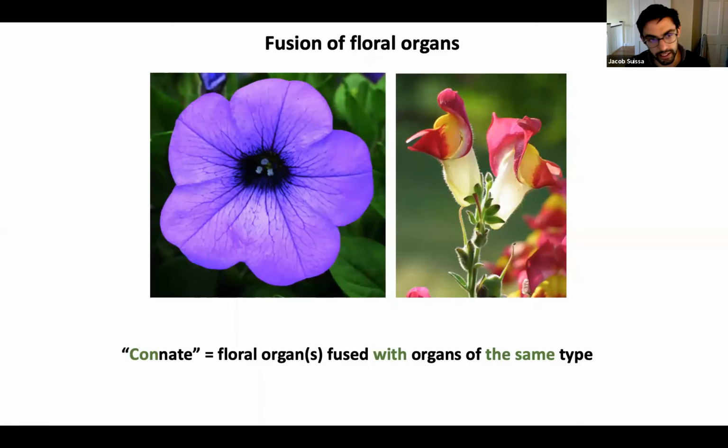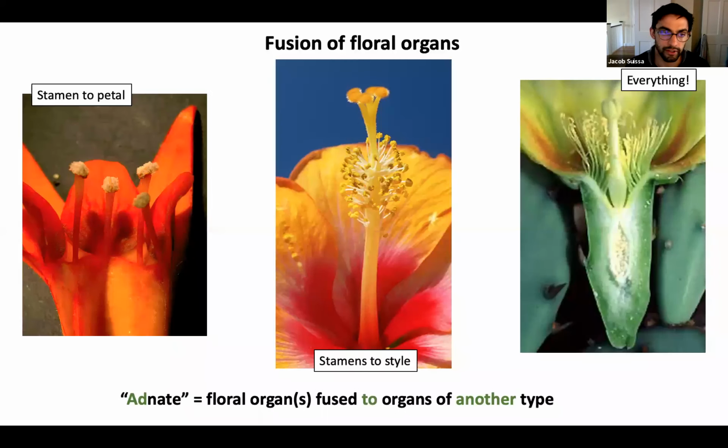In connation, petals, sepals, stamens, and carpels can all be connate. Adnation is a little more complex: you would say the petals are connate, but the stamens are adnate to the petals. You can see that here on the left.